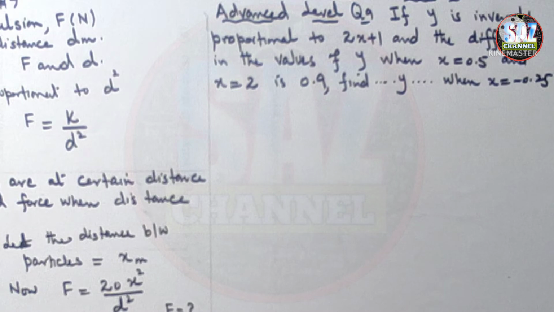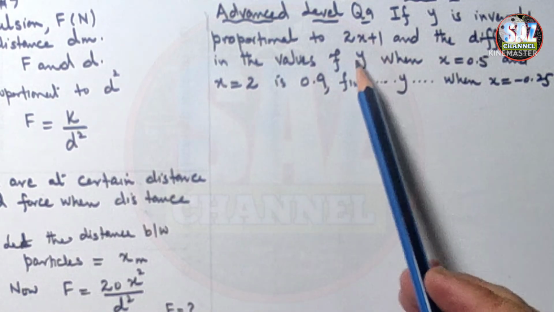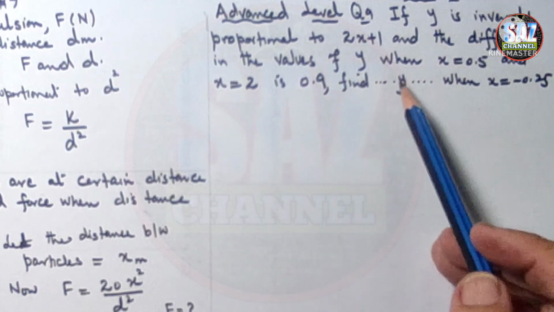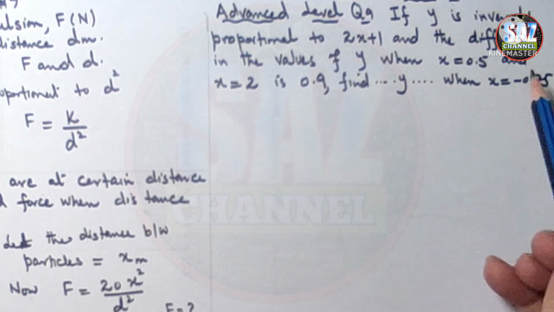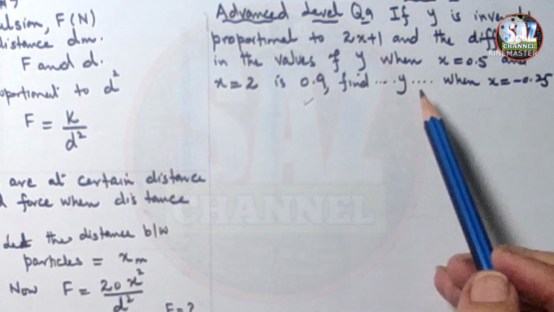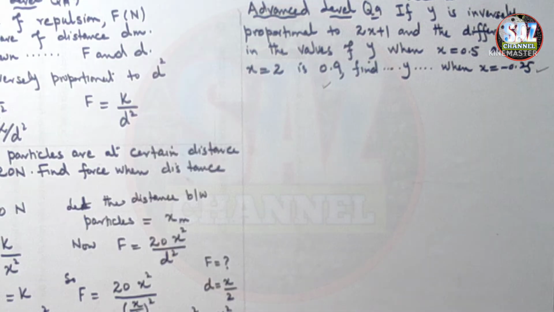The next question says that if y is inversely proportional to 2x plus 1, and the difference in the values of y when x is 0.5 and x equals 2 is 0.9, find the value of y when x is minus 0.25. Let's try to understand the question.